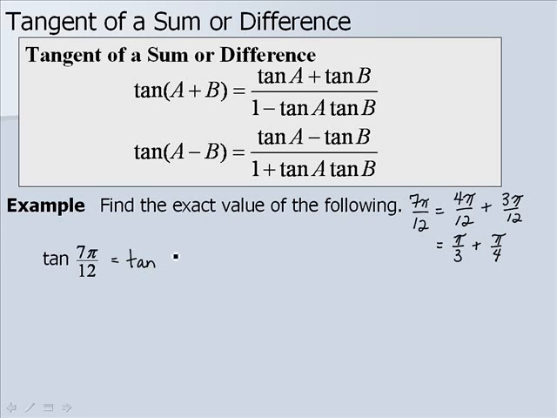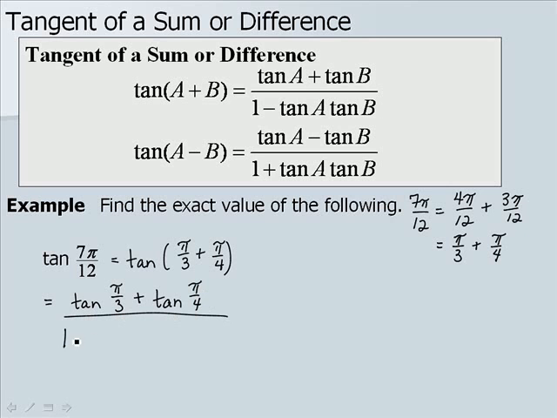So we have the tangent of pi over 3 plus pi over 4, which is equal to tangent pi over 3 plus tangent pi over 4 over 1 minus tangent of pi over 3 tangent of pi over 4.